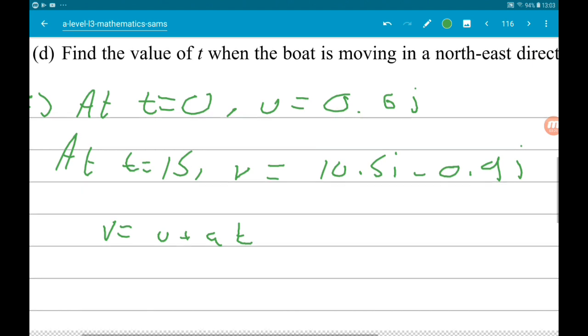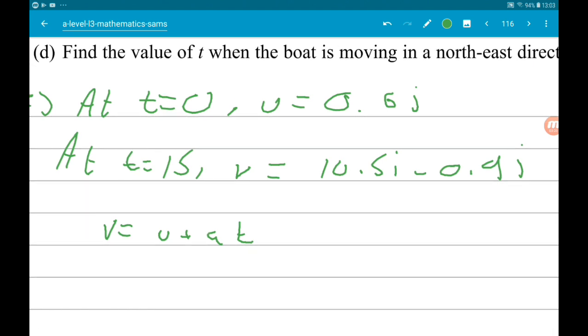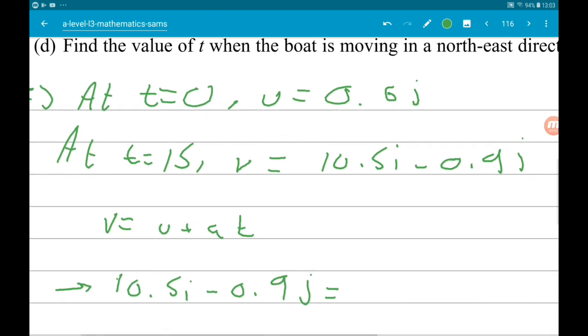So we know then that 10.5 I minus 0.9 j is equal to 0.6 j add 15a.